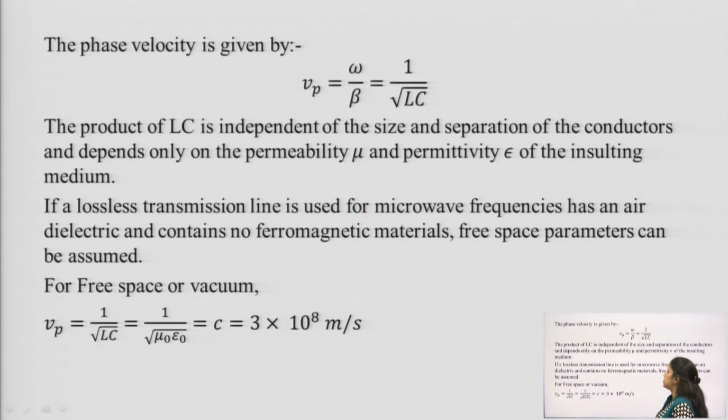Now, the phase velocity, as we all know, is given by omega upon beta. What is beta?